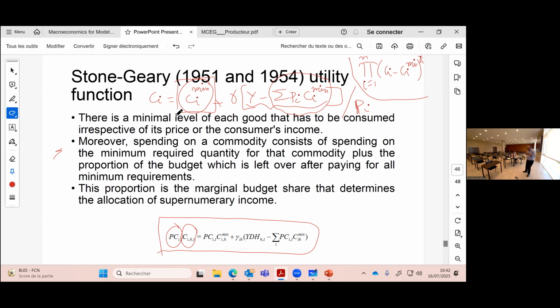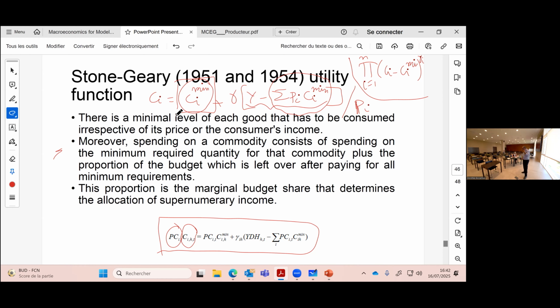We now know the CES is a generalization of the Cobb-Douglas one, but the CES uses the elasticity of substitution, which we may not have, particularly in the disaggregated situation, because we need an elasticity of substitution for each activity we have in the model.